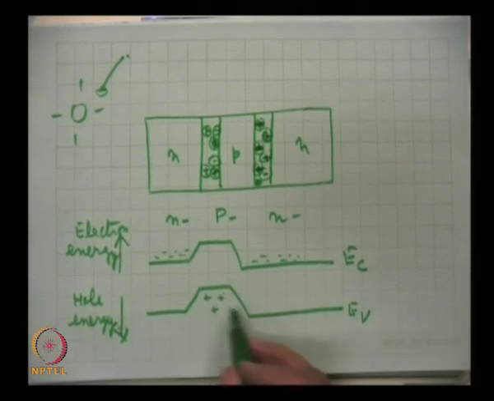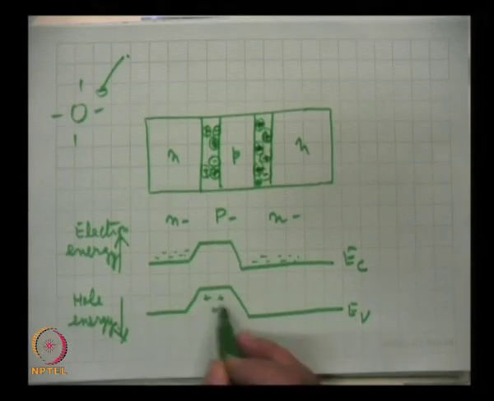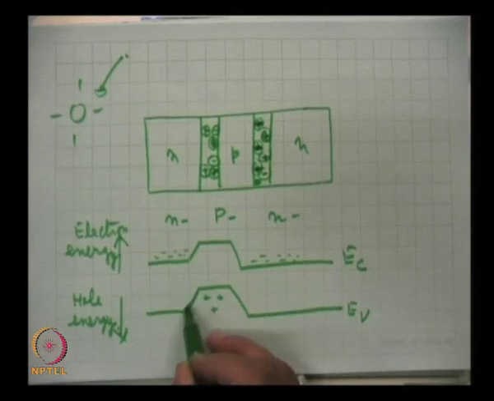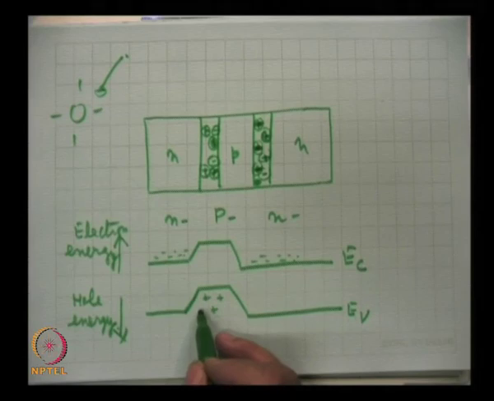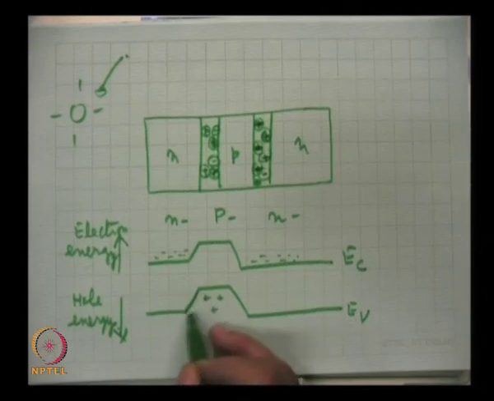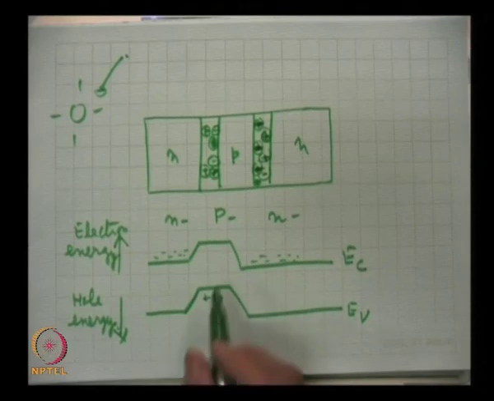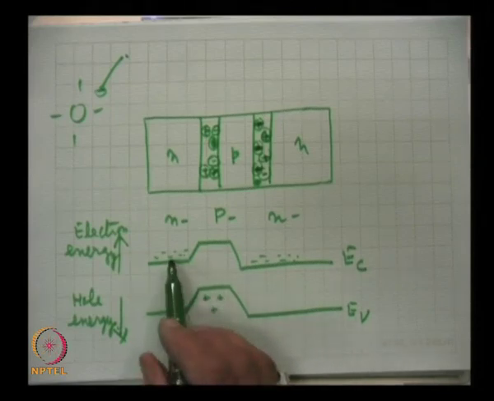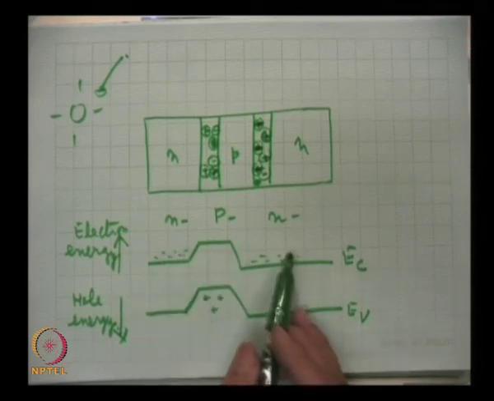Similarly, these holes cannot flow towards the emitter or towards the collector, because this is not the downhill, this is also the uphill for the hole. Holes here have higher energy than this, and they do not have this much energy. So, they will also be unable to move either towards N or P.